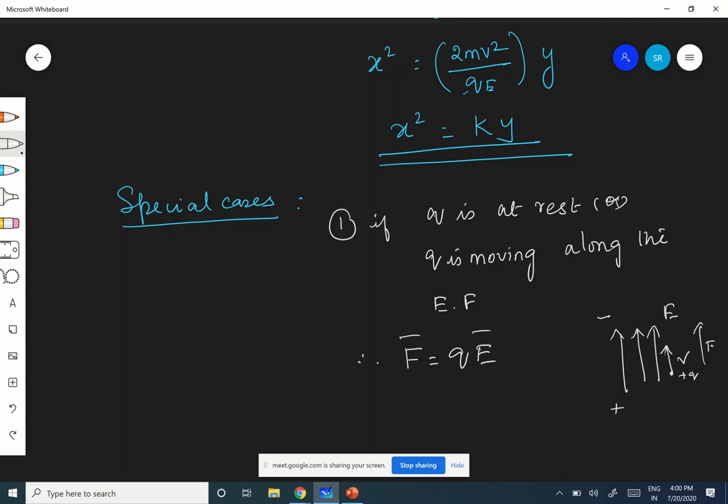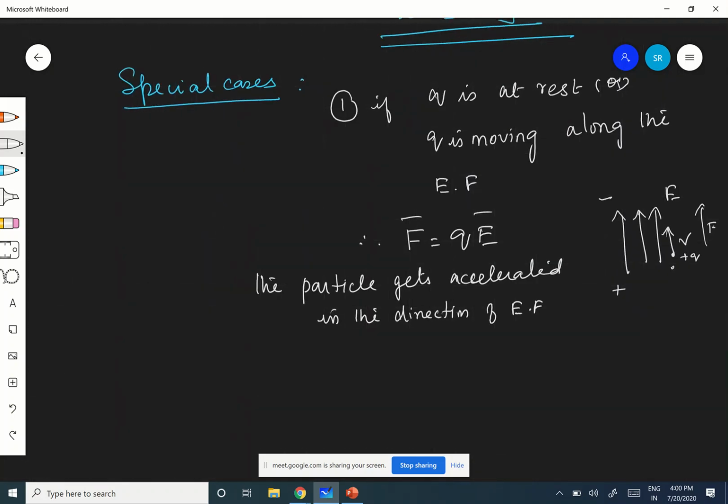Or if the particle is stationary and you apply an electric field, that time also it will be accelerated in the direction of the electric field. Therefore, the particle gets accelerated in the direction of electric field. This is the first case, right?